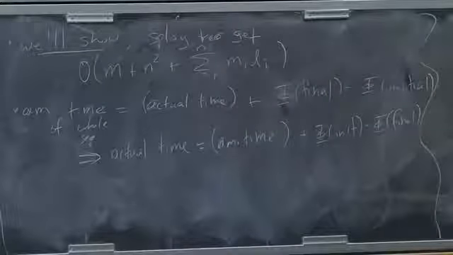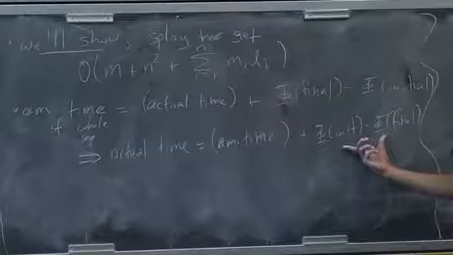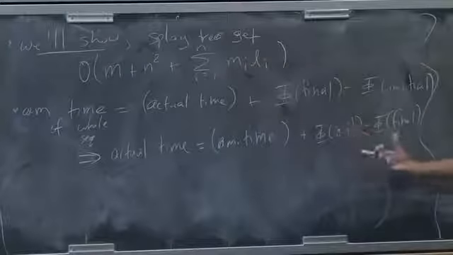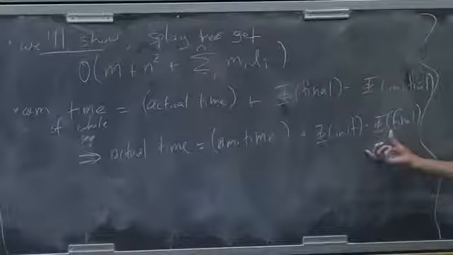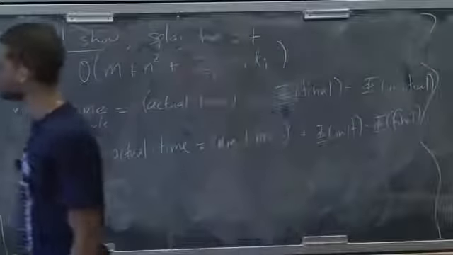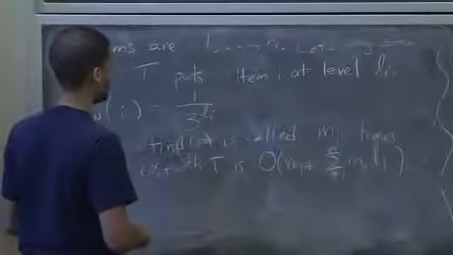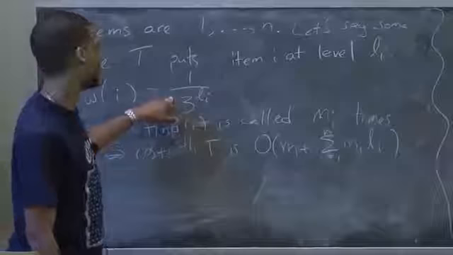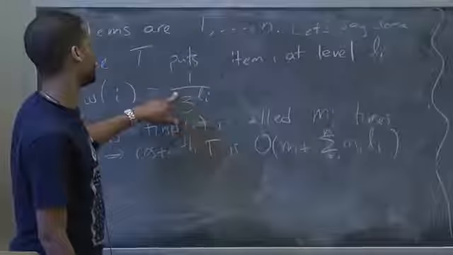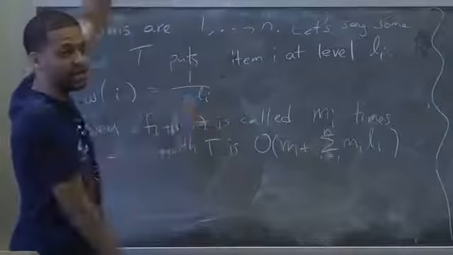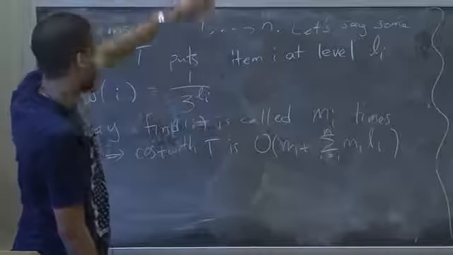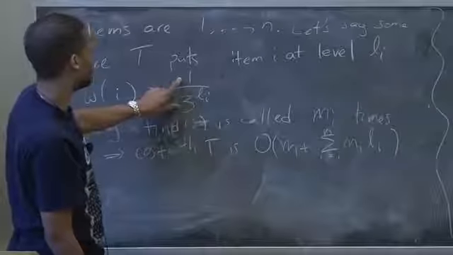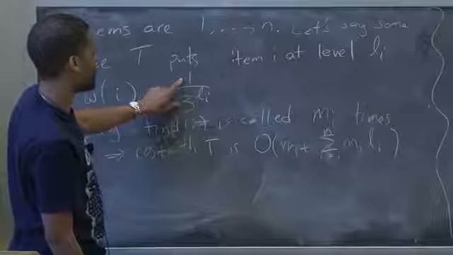Now, I just want to say that this thing is bounded by n squared, and then this is going to be bounded by m plus this thing. So why is this bounded by n squared? I'm just going to say something very silly. If you look at any node and ask what its rank is, well, this optimal tree T could be a path for all I know, in which case some node can have depth n. And then log of 1 over 3 to the l_i is basically minus n.